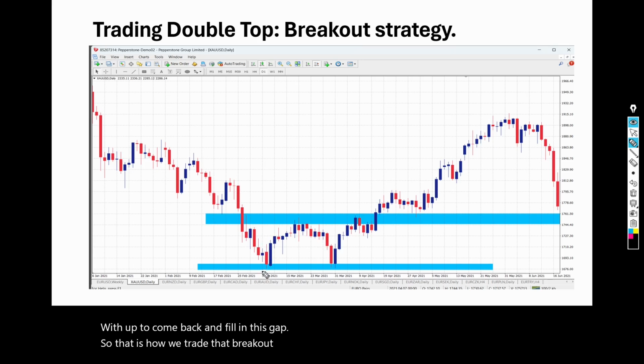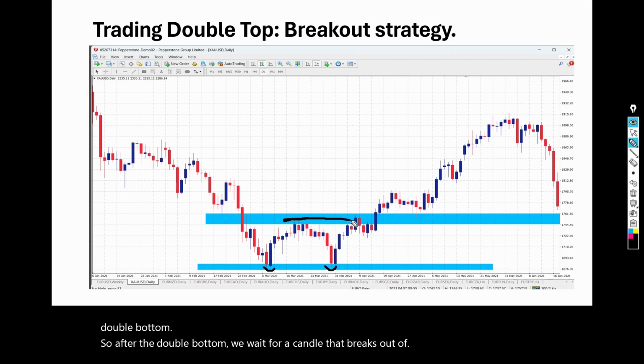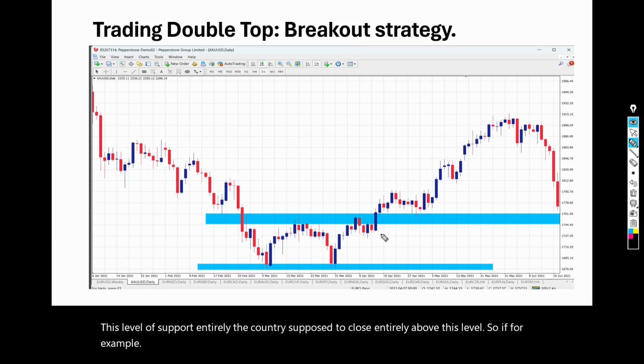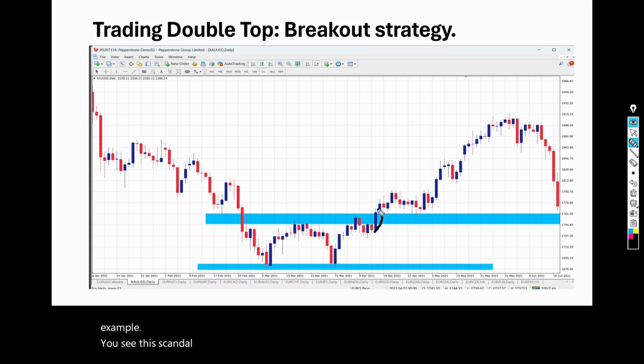Number one, we confirm that we have made a double bottom. After the double bottom, we wait for a candle that breaks out of this level of support entirely. The candle is supposed to close entirely above this level. So if for example you see this candle here, this candle is not an entry candle.